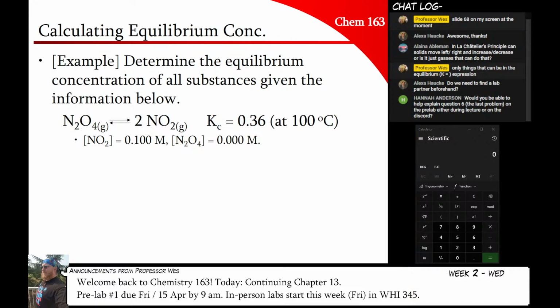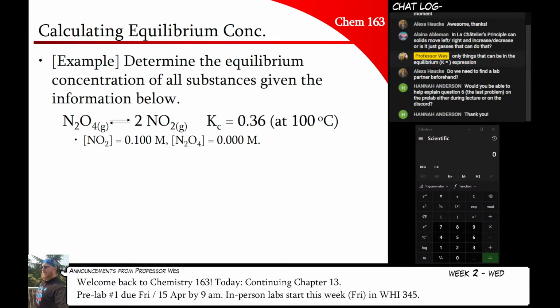All right, I'm going to give you about 5 more minutes or so to do this problem, because this is a pretty simple ice table. Go ahead and try this, and we'll go over the answer in just a bit.